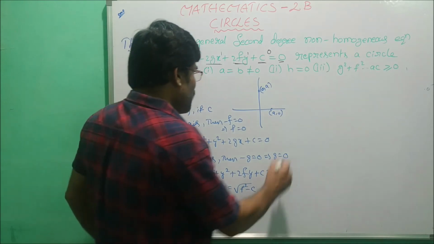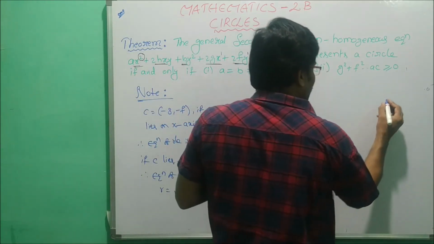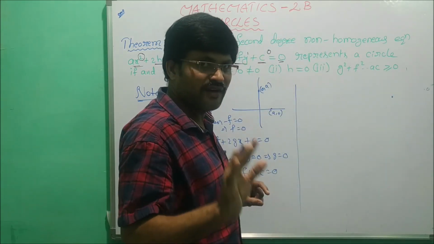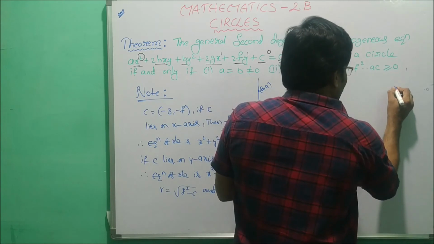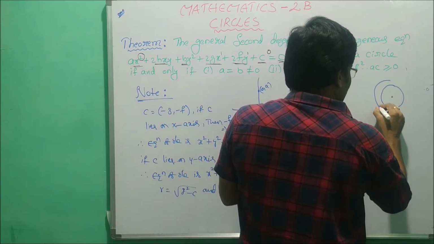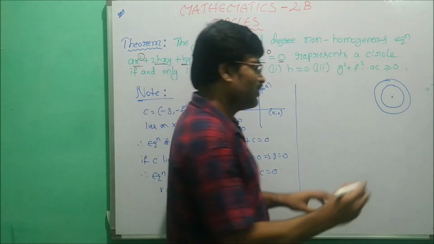Also, here we observe that suppose two circles are there having the same center. Now we take one circle and another circle also having the same center, but the radii are different.